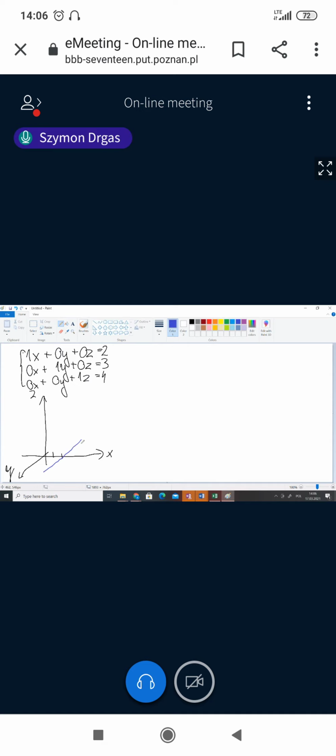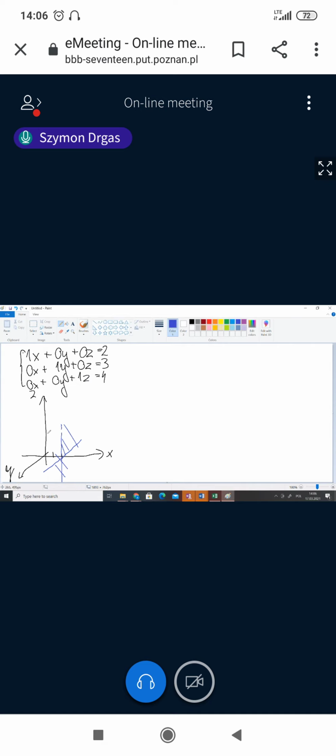One is parallel to this y-axis, and the other one is parallel to this z-axis, and all points spanned by these two lines are the solutions to this first equation.